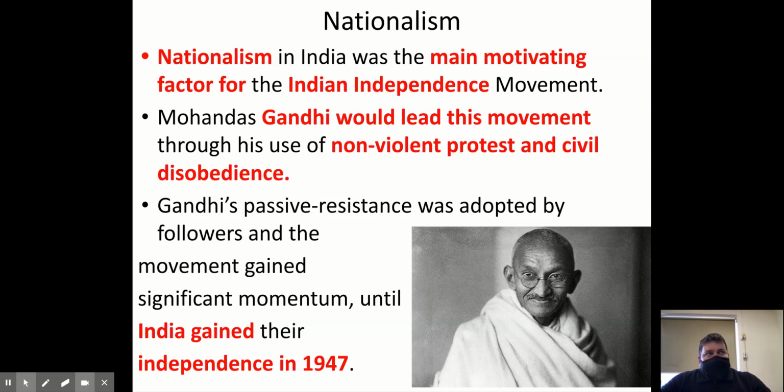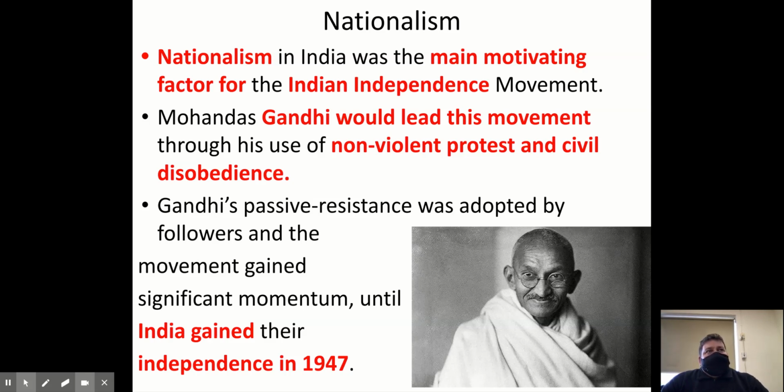So what Gandhi will do as a form of protest is he will march all the way to the sea, and he will try to get his own salt and circumvent the British sale of salt. The British get really mad and they arrest him. And this is one example of Gandhi's nonviolent protest and civil disobedience, his attempt to call attention to the unfair treatment of India by the British. This will go on for quite some time.